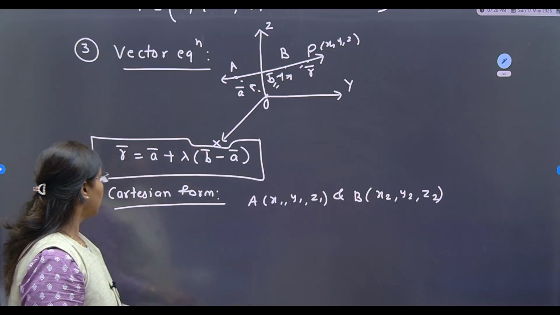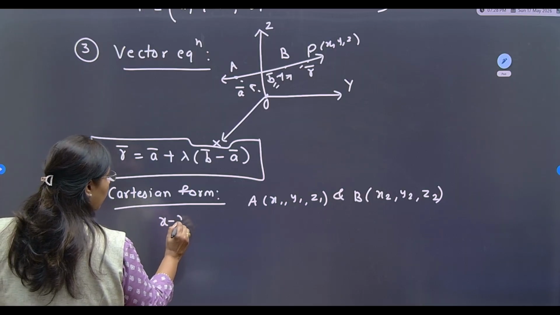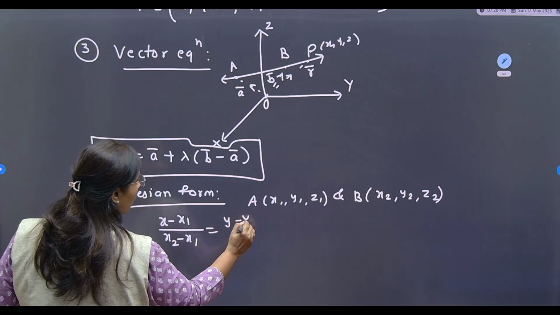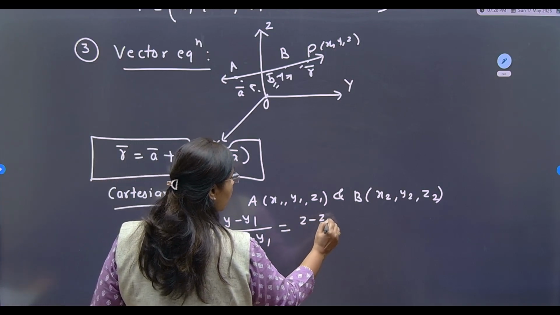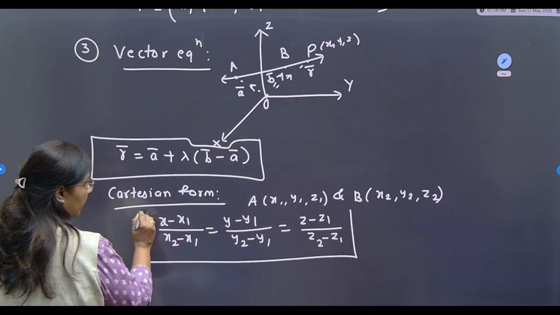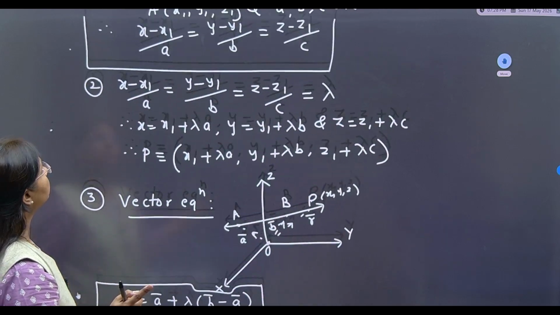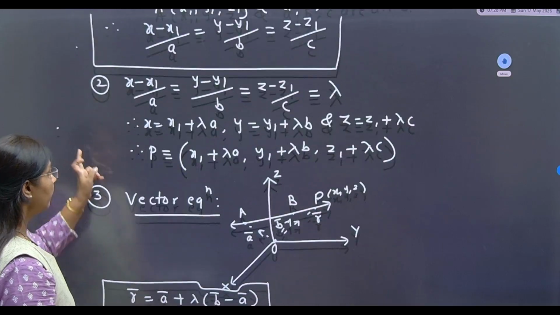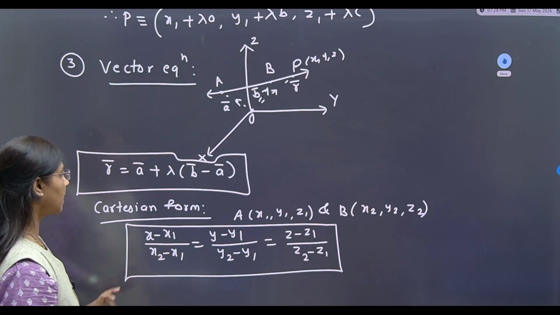The Cartesian equations of the line are (x minus x1) upon (x2 minus x1) equals (y minus y1) upon (y2 minus y1) equals (z minus z1) upon (z2 minus z1). This is the Cartesian form. The total types are two: first type, vector equation and Cartesian form; next, number 2, vector equation and Cartesian form.